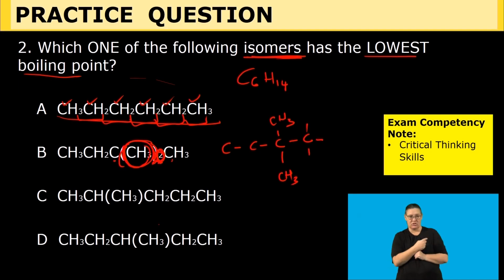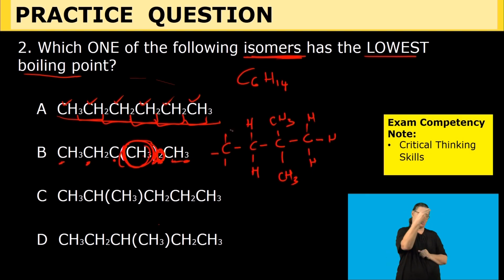And then on this carbon here, we're going to have 1, 2, 3, hence the 3. And then on this carbon, we have the 2 branches of CH3. That's why we don't have an H next to the carbon. Whereas on this carbon, there's 2 hydrogens, which is there and there. And then on this carbon, we have 3 hydrogens, 1, 2, and 3. So that's what we have for that.